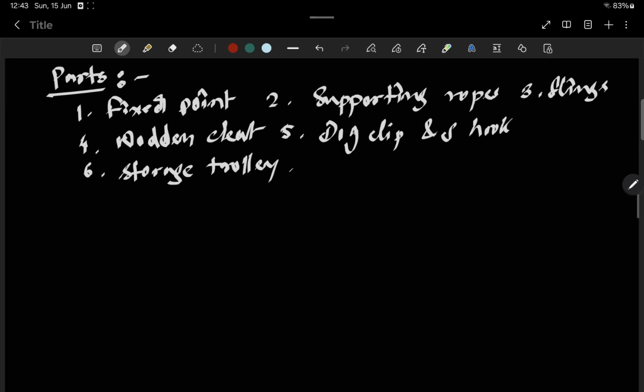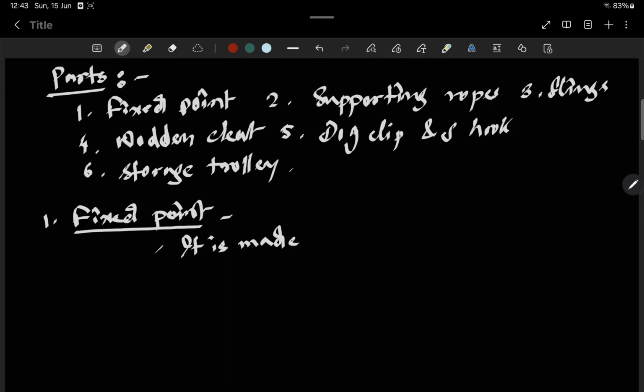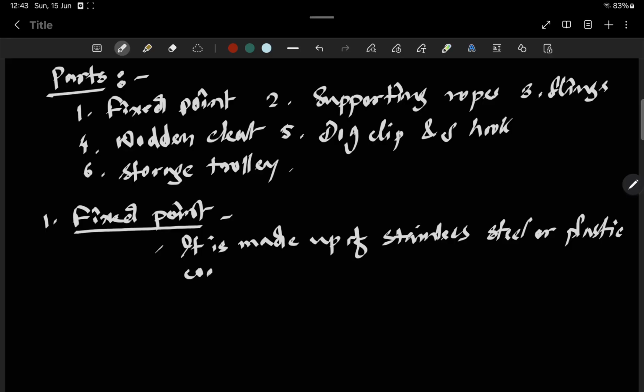First, study of the fixed point. It is made up of stainless steel or plastic coated steel.